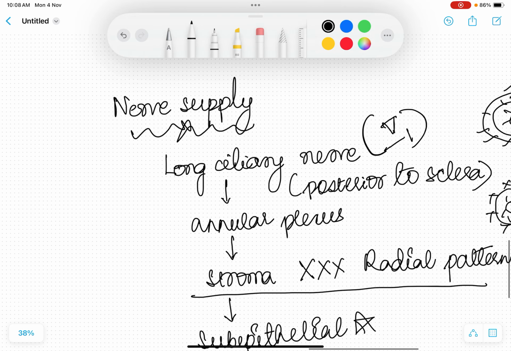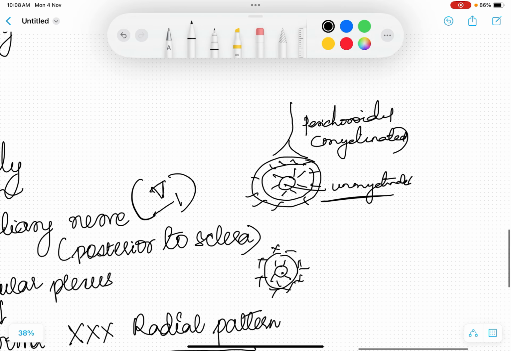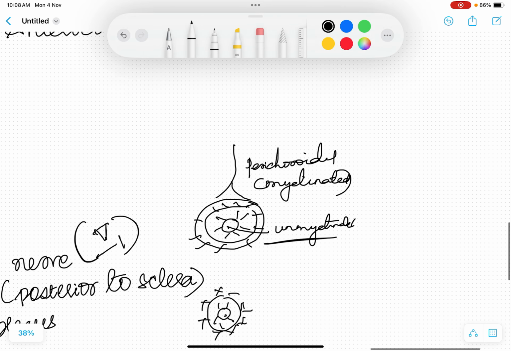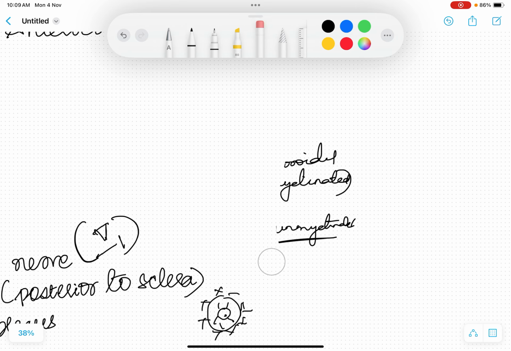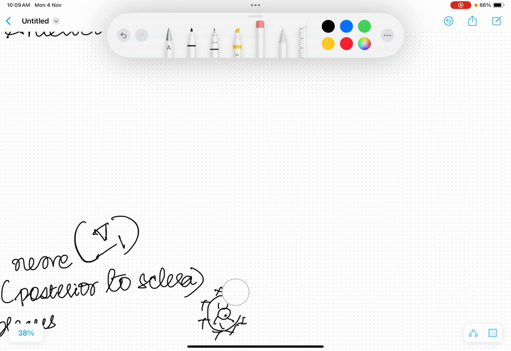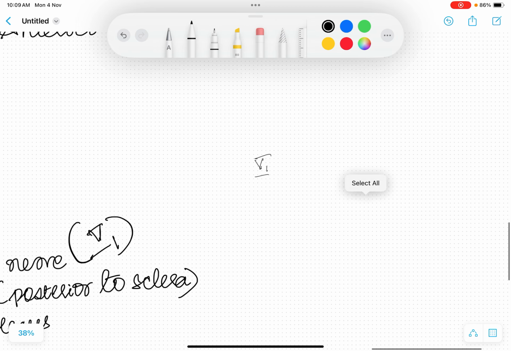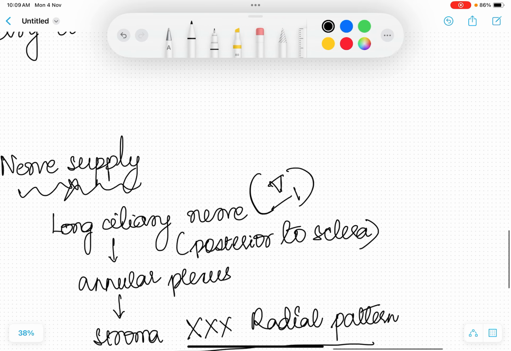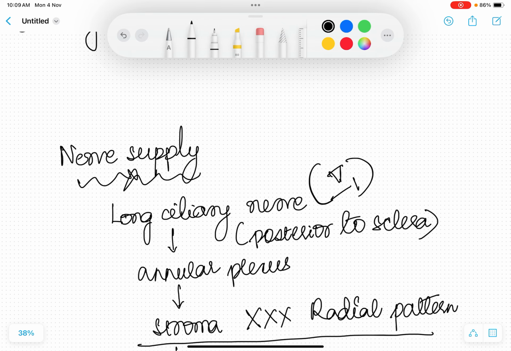Then let's talk about the nerve supply. The nerve supply of the cornea is by the long ciliary nerve.